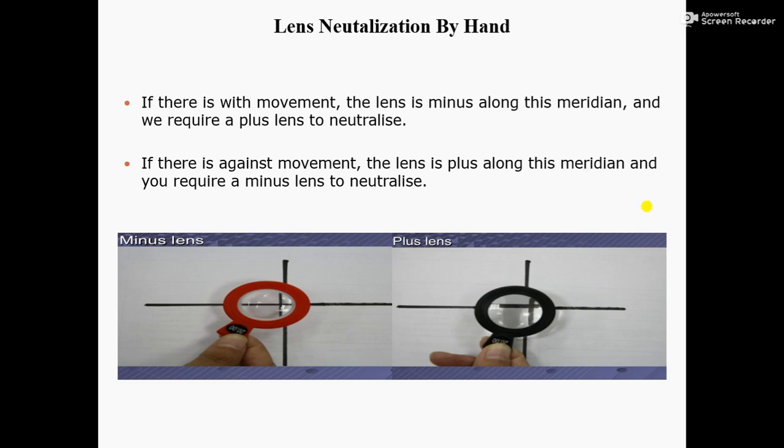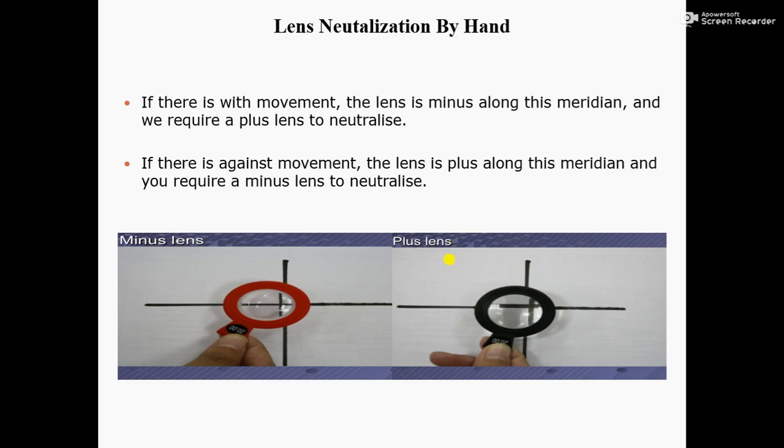See the diagram, this is a minus lens and this is a plus lens. So when we move the lens, the object will move with the lens. Same thing in a plus lens: when we move the lens, the object will move in the opposite direction of the lens.